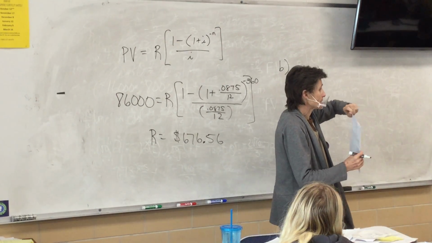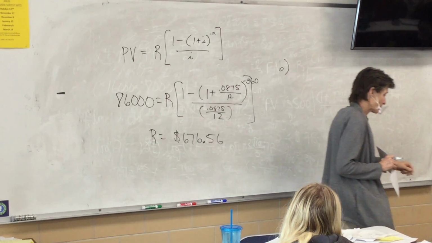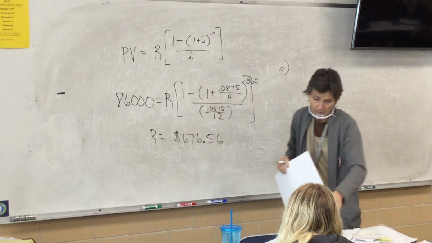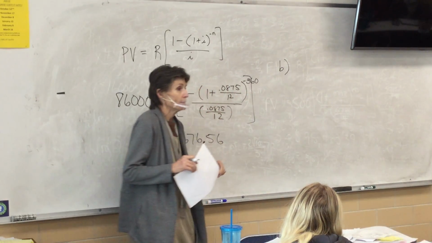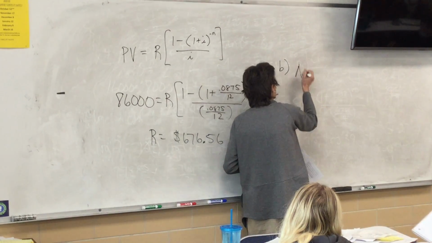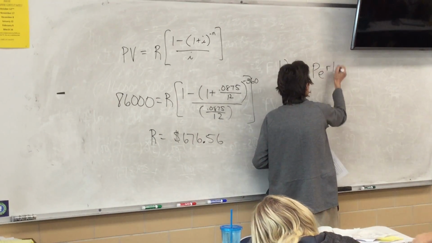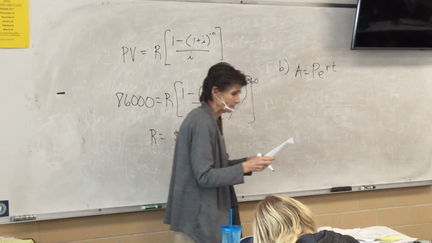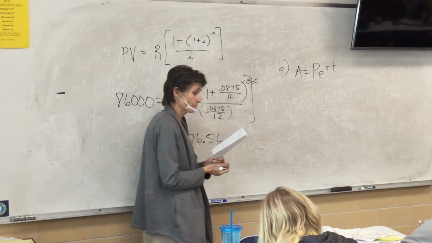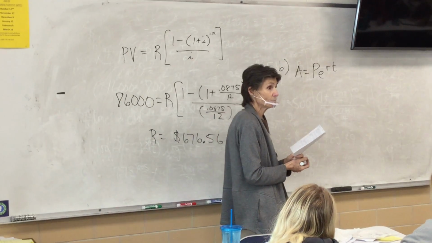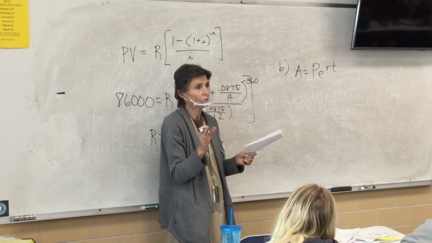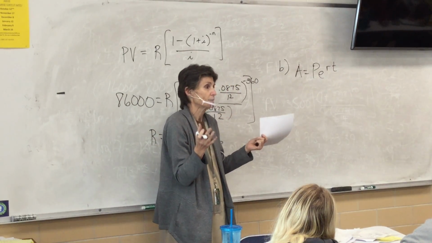So what formula am I going to use for problem B? Abby? The PERT formula, absolutely. And how do we know that we're going to use PERT? Because it says continuous. Well, it's a bacteria problem, right? Every formula we have is financial, money, except for PERT.